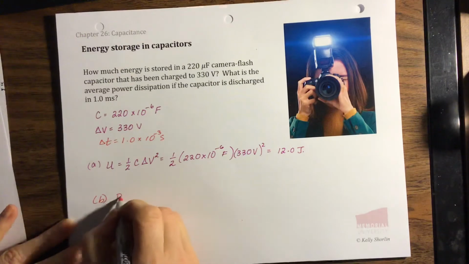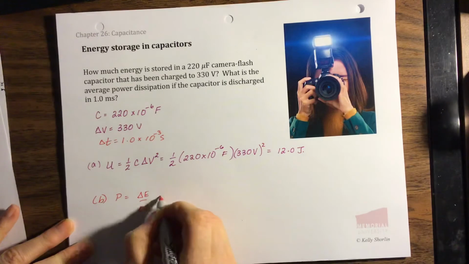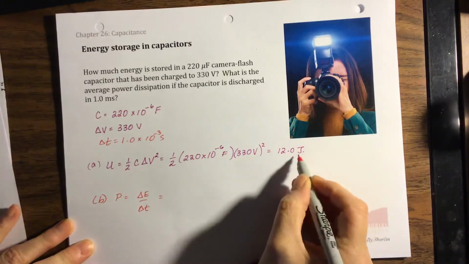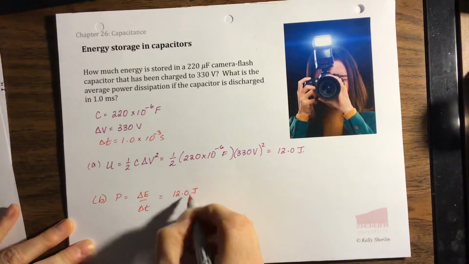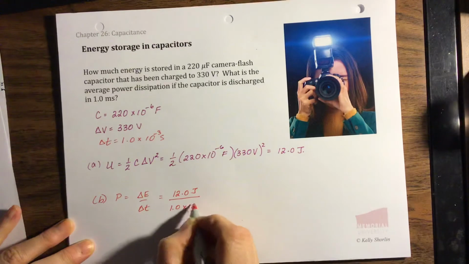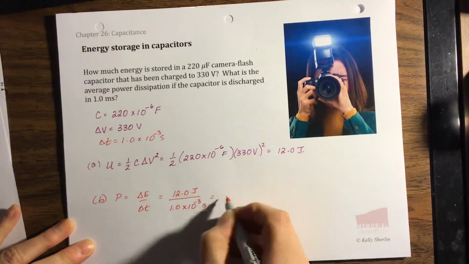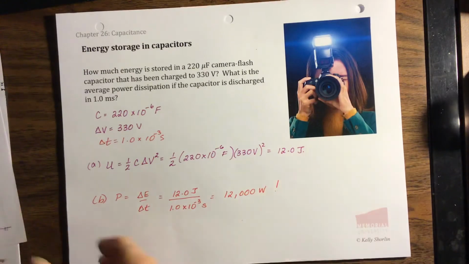So then we'll remember that power is change in energy over change in time. The change in energy is our capacitor discharging, it's 12 joules. Divide that by the time it takes, which is our 1 millisecond, and that gives us a power of 12,000 watts. That is a lot of power in a camera battery.